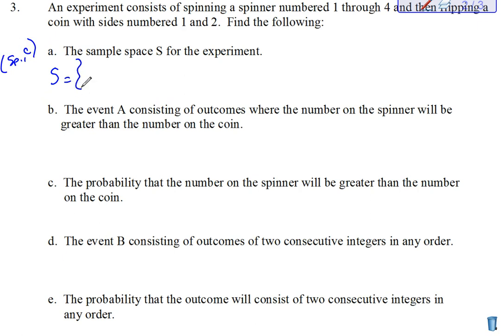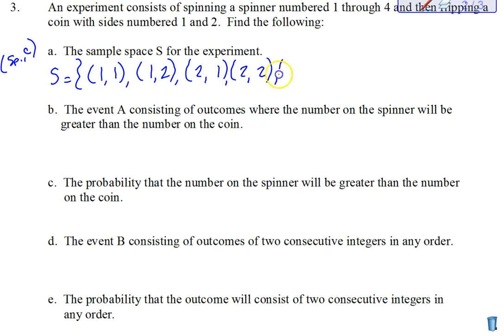So what I could get is a 1 on the spinner and a 1 on the coin, or a 1 on the spinner and a 2 on the coin. I could get a 2 on the spinner with a 1 on the coin, a 2 on the spinner with a 2 on the coin.